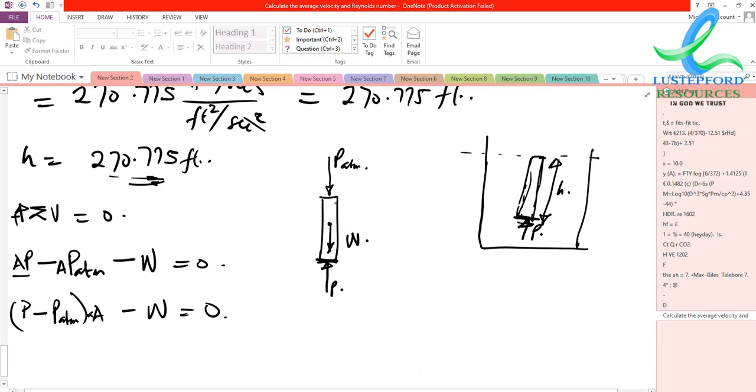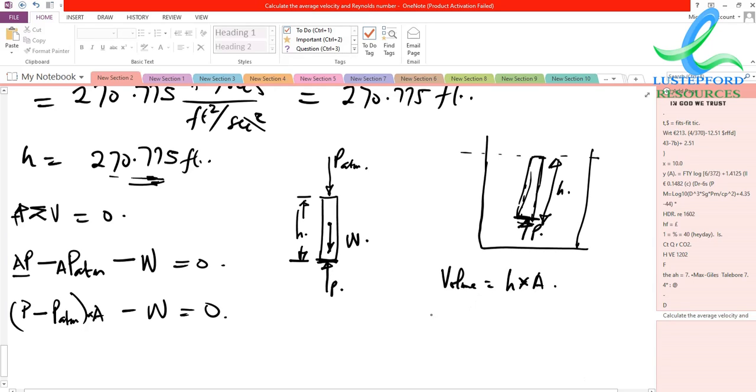Now what is the weight? Now you have the height here. So the volume of that element will now be the height times the small area under here, which is the volume.